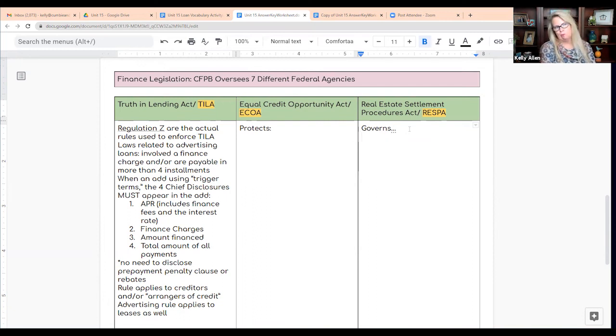So it governs disclosures on settlement statements.